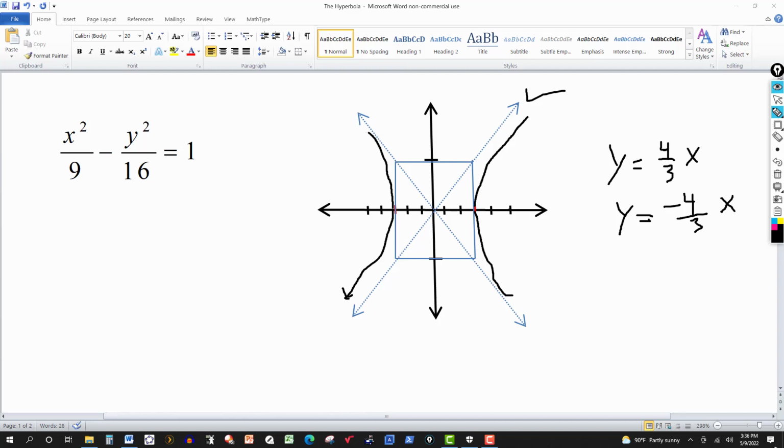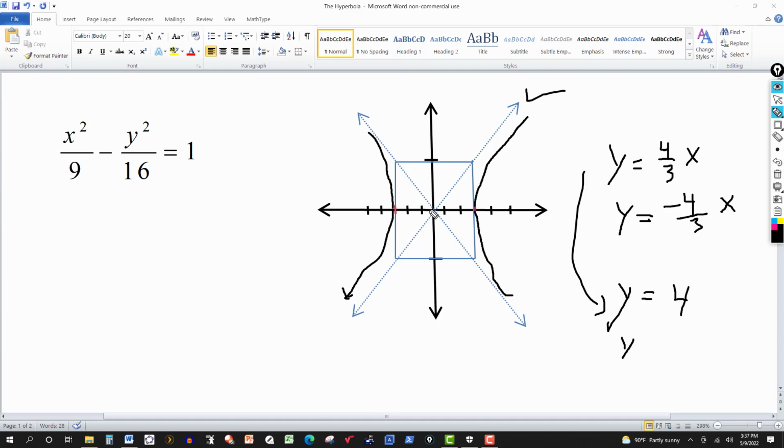So notice, let's take the first one here. If I replace the x by 3, let's say we want to draw the graph of this line asymptote. I already have it drawn, but just to show you, replace the x by 3, we get y equal to 4. So that means if I go 3 units to the right, I go 4 units up to get on the line, which of course is the corner of that rectangle.